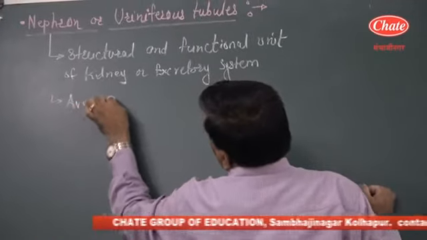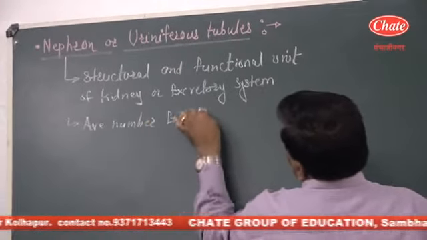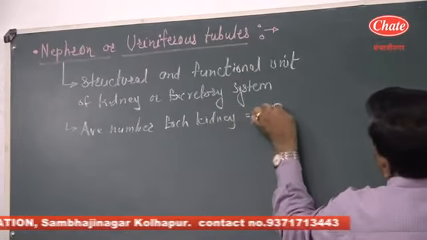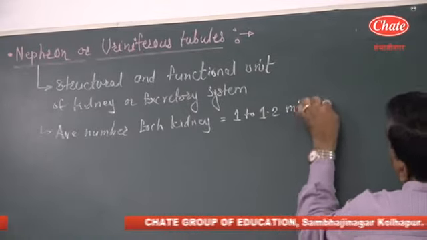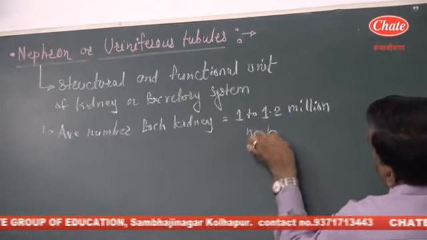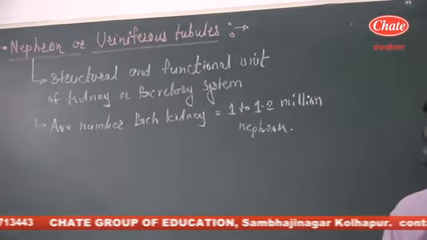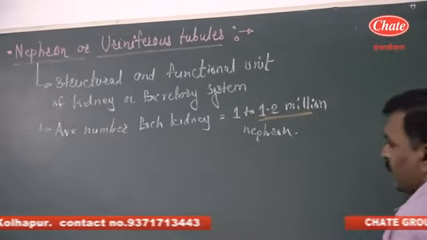Average number: each kidney consists of 1 to 1.2 million nephrons. Remember, from the exam point of view, that is 1.2 million nephrons.